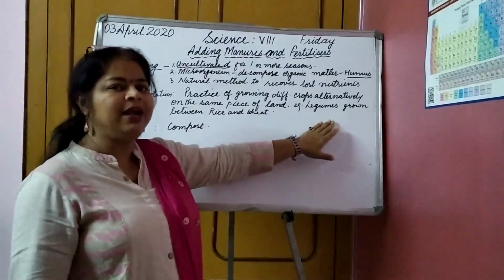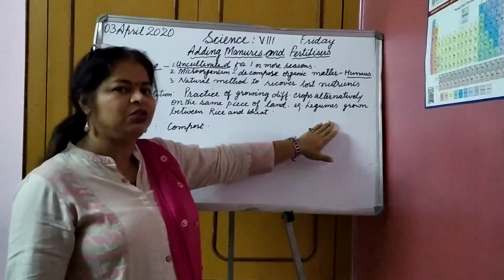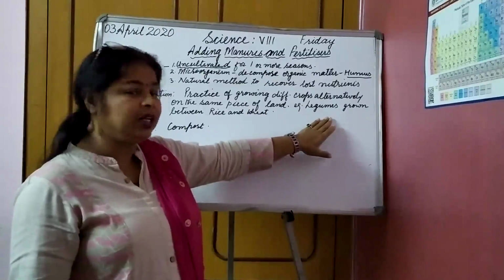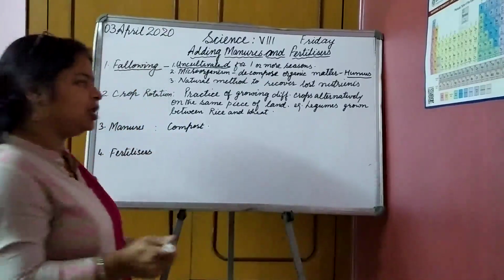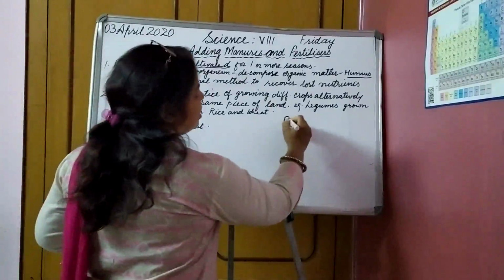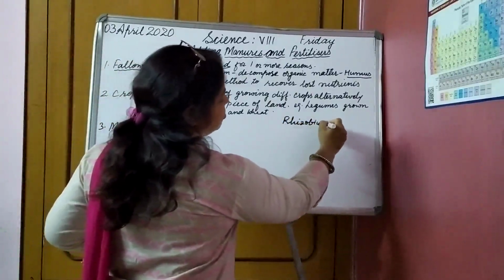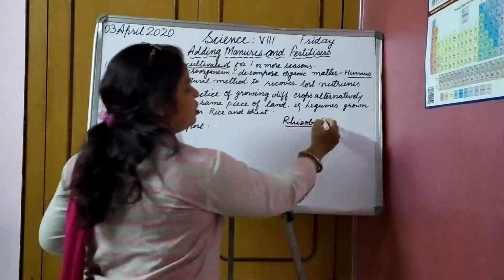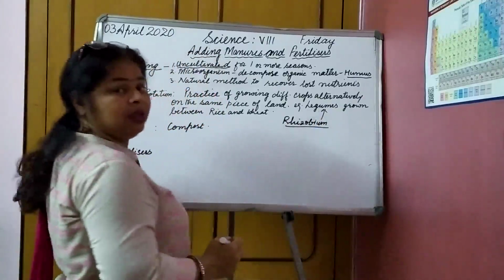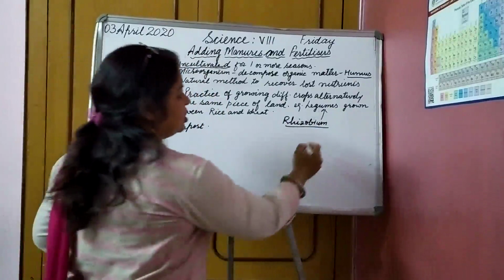In this way, legumes add nitrogen content to the soil. Some bacteria do this. Do you remember the name of the bacteria? We talked about rhizobium. Rhizobium was the bacteria found in the roots of the leguminous plants.